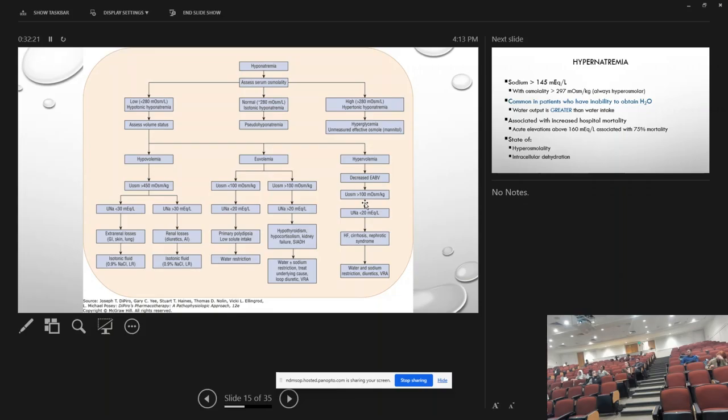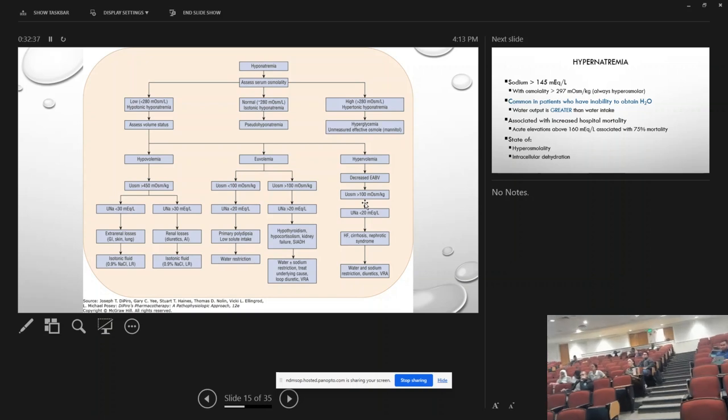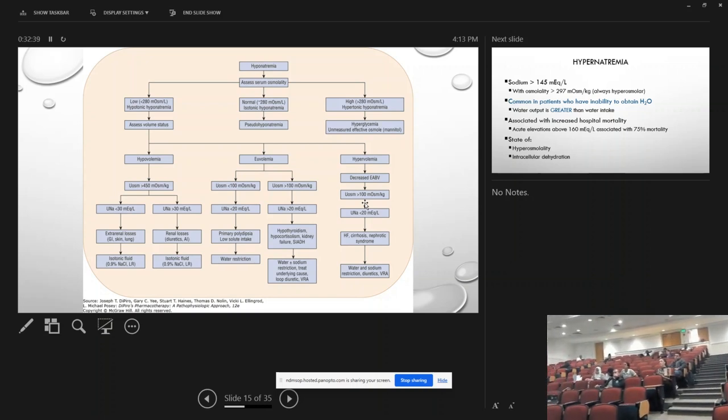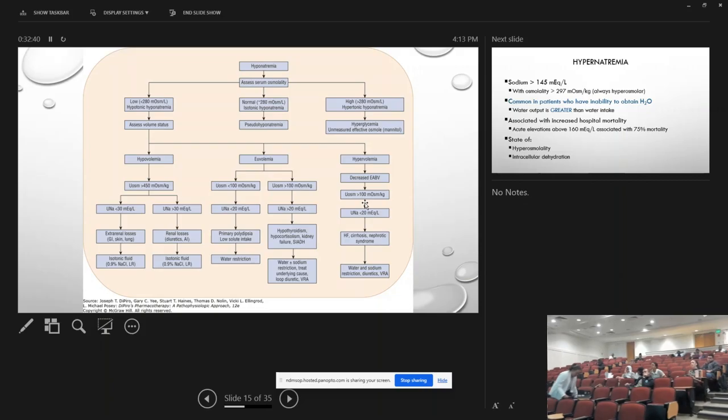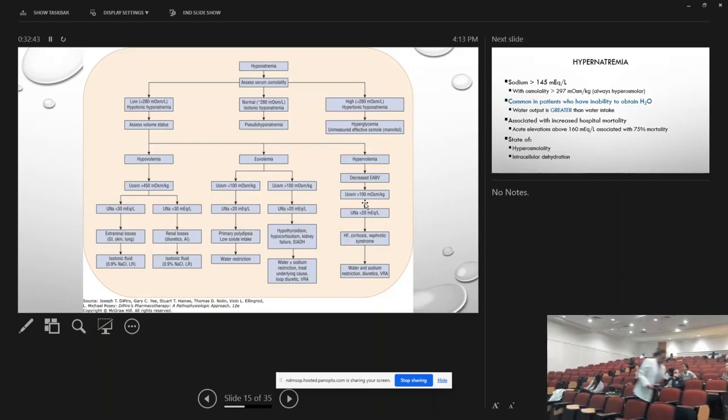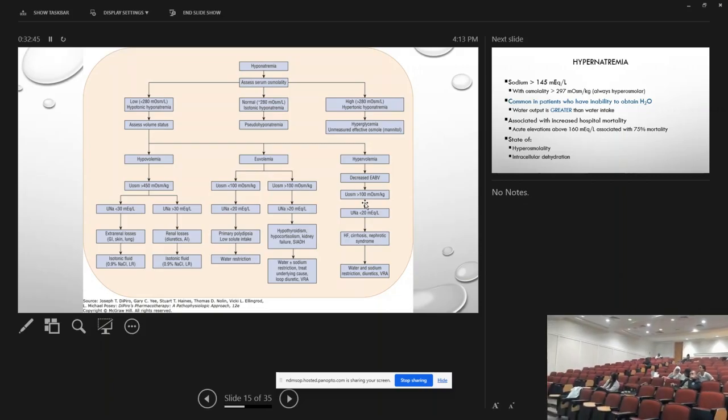For euvolemic, it's mainly water restriction, unless you have SIADH, kidney failure, or things that will have a high urine sodium level. So remember, your kidneys regulate the sodium. So if you're spilling sodium in the urine, you probably have something going on with your kidneys, right?